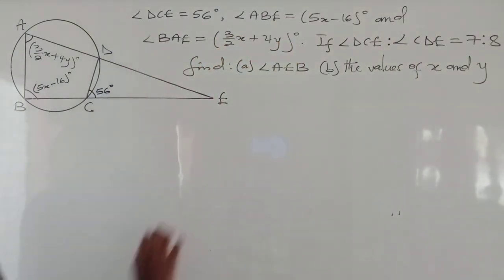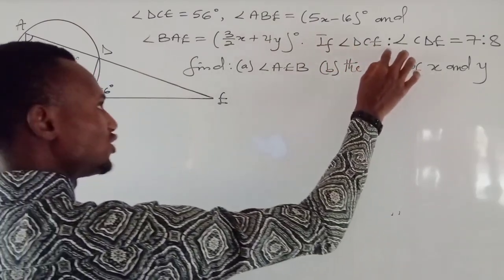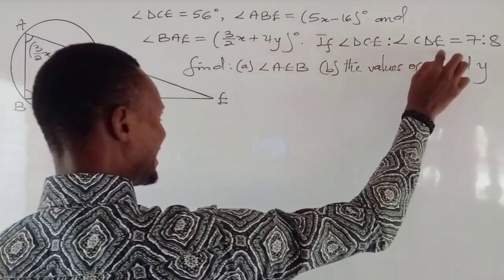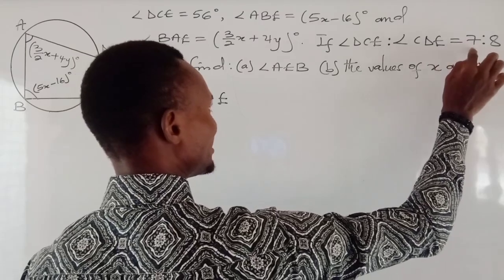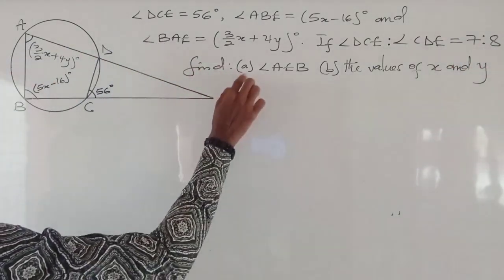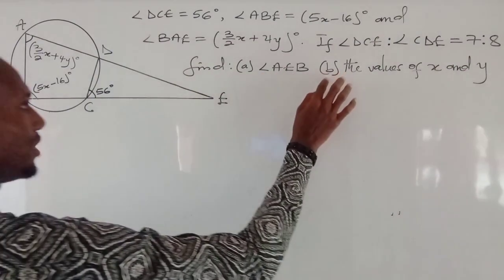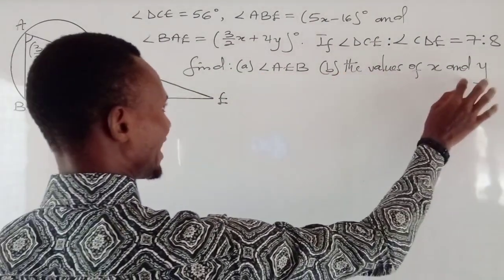It says that if angle DCE to angle CDE is 7:8, find (a) angle AEB, and (b) the values of s and y.